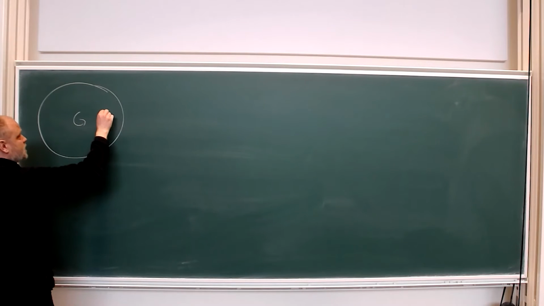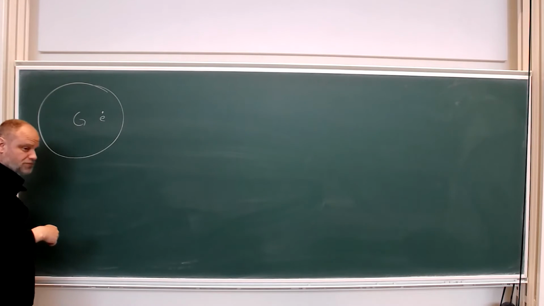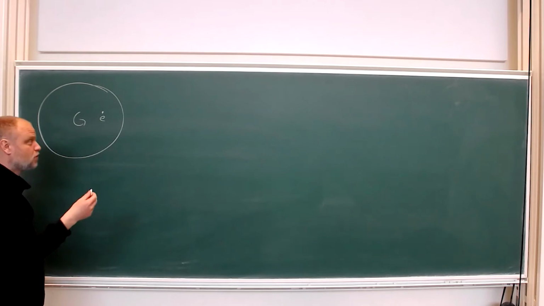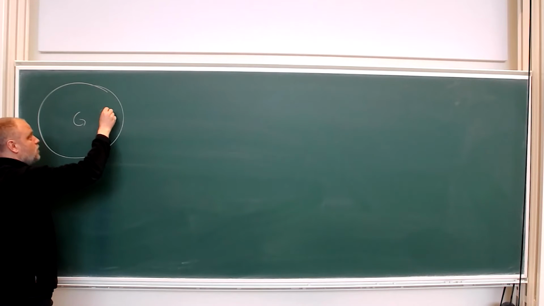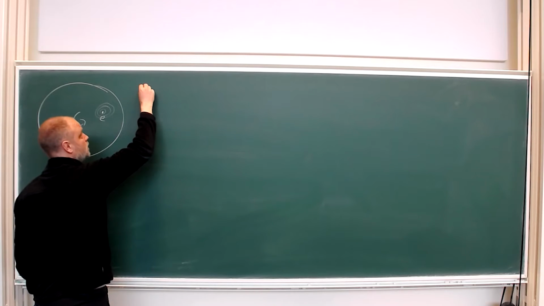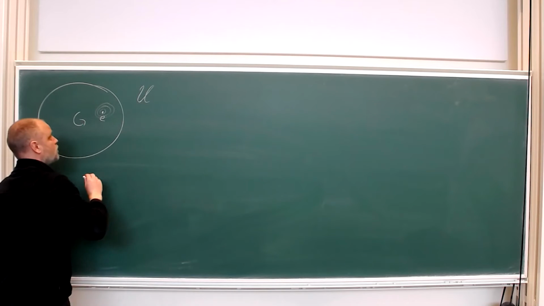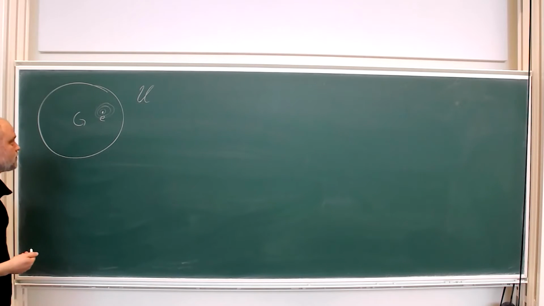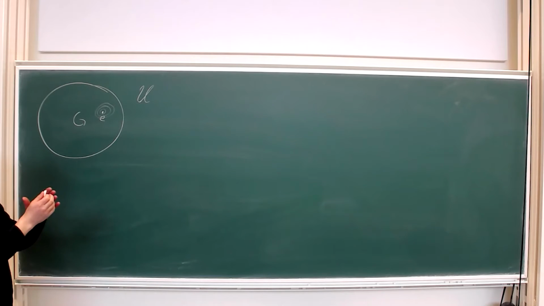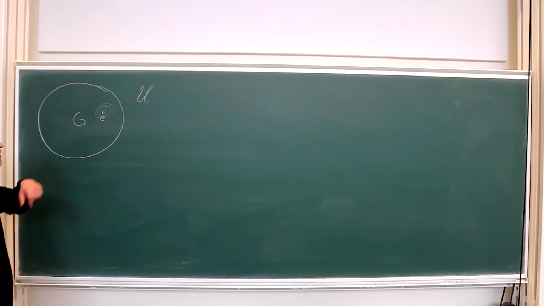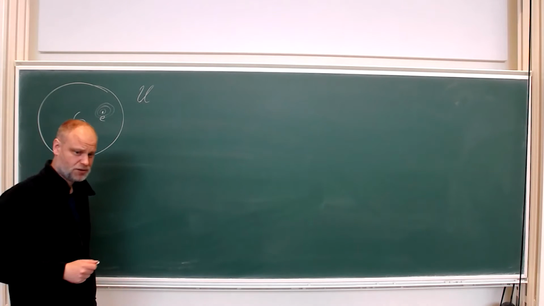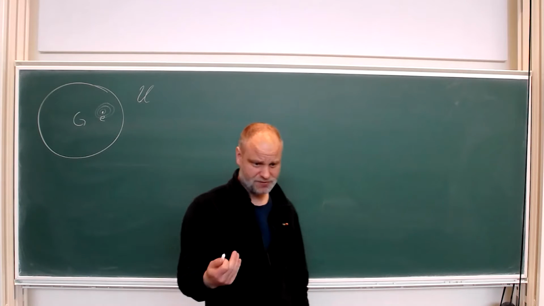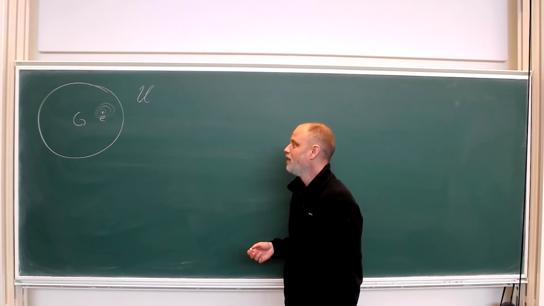So we have this round object, call it G, and somewhere here sits an identity E. We have a collection of neighborhoods around this point E, which we're going to call curly U. It doesn't need to be countable, though it's easier to think about it that way. So it's a collection of open sets around E that defines our topology.